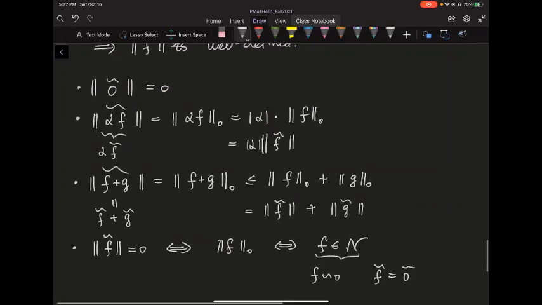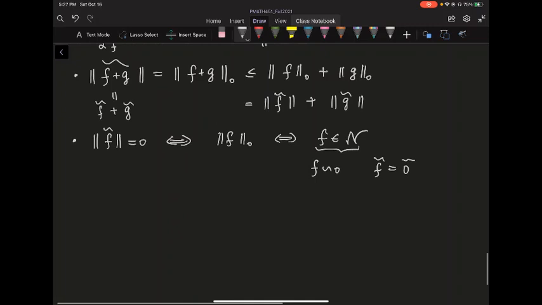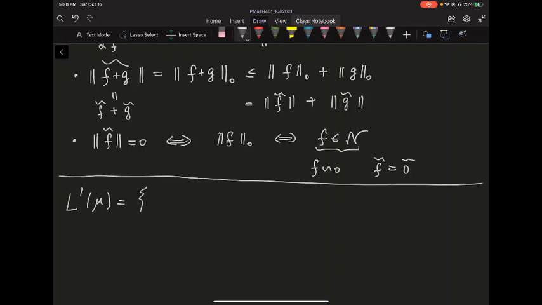All right, so now we are given this space L1 of mu. This is all the f that are integrable on this measure space. And we showed that the one norm is a semi-norm, from the last video.